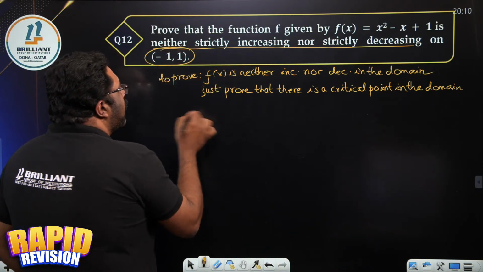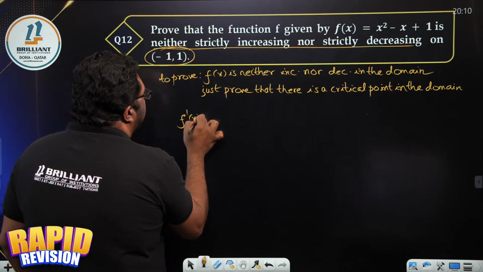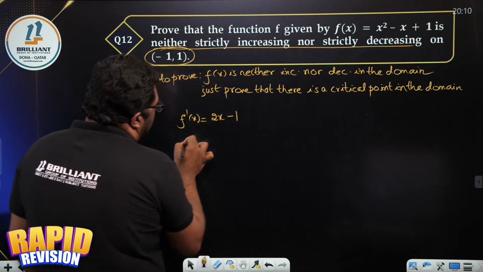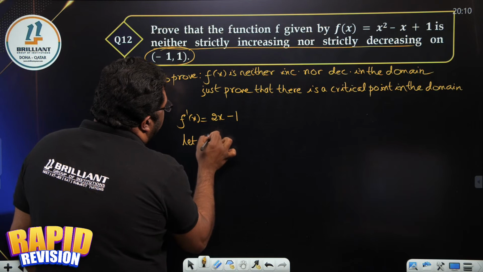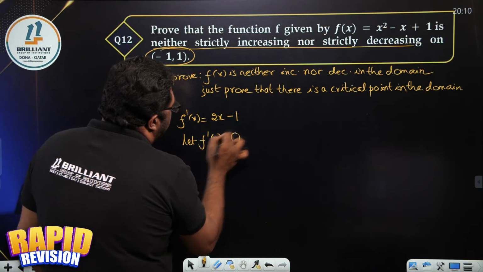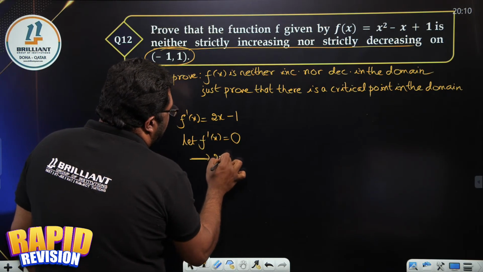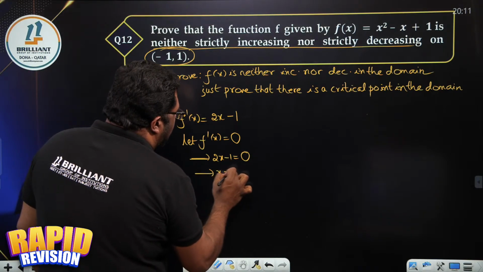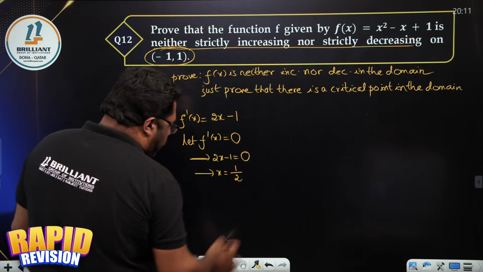So let me find f dash of x equal to 2x minus 1. Let f dash of x equal to 0. 2x minus 1 equal to 0. X is equal to 1 by 2.